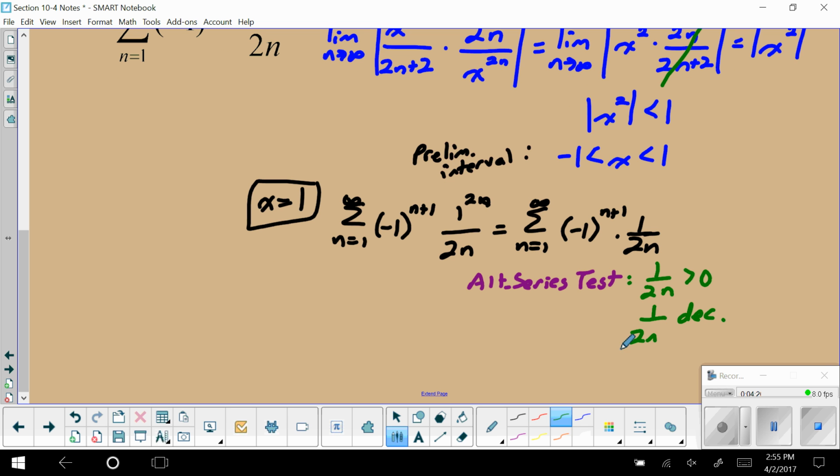And the limit as n approaches infinity of 1 over 2n is 0. So this does converge. Now, I don't know if it's converging absolutely or conditionally. I haven't shown it's converging absolutely, so at a minimum, this is conditional.